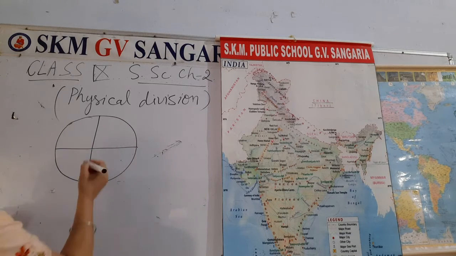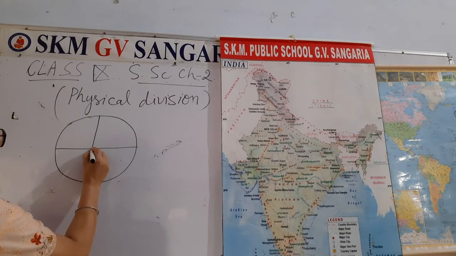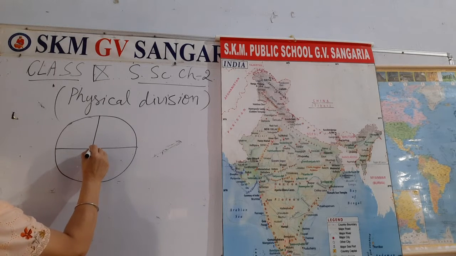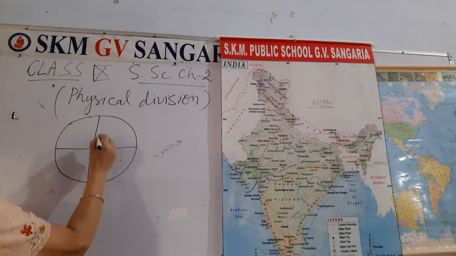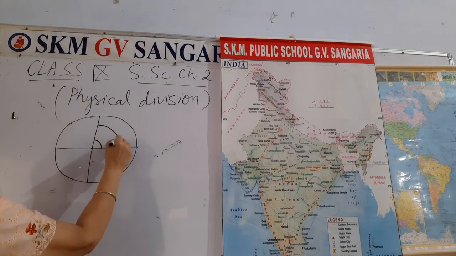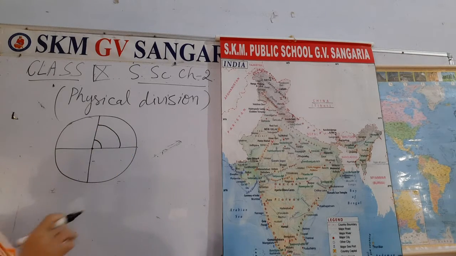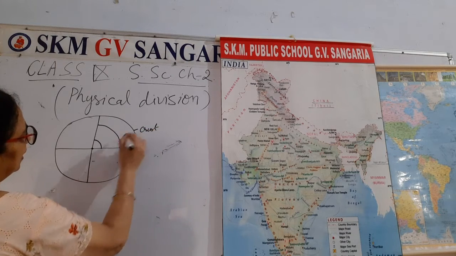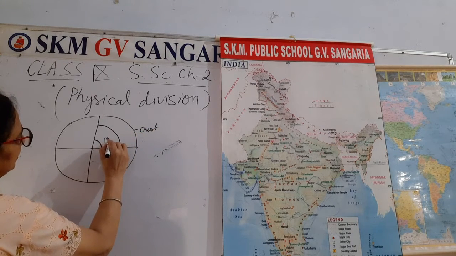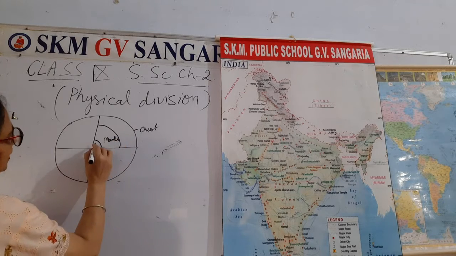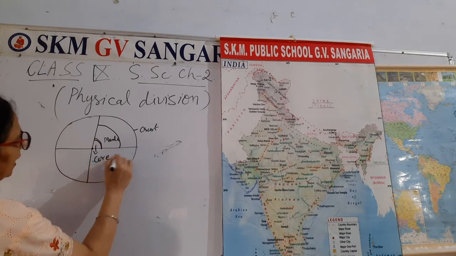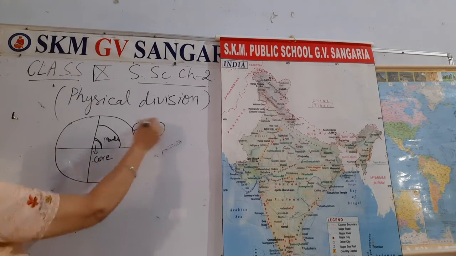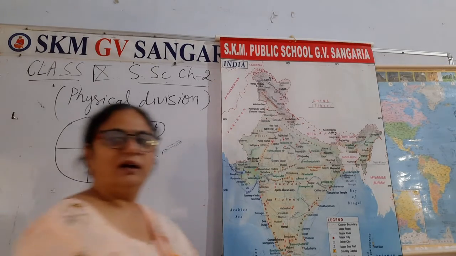This is the inner core of the earth, and it has been divided into three different layers. The upper one is the crust, the middle one is the mantle, and this one is the core of the earth. Here we are talking about this crust.